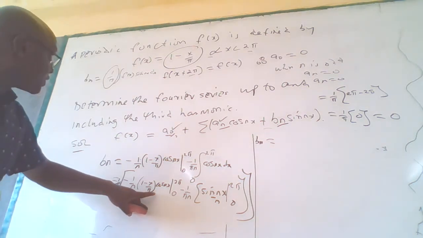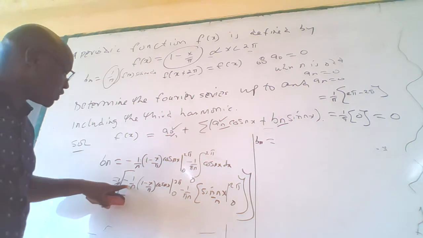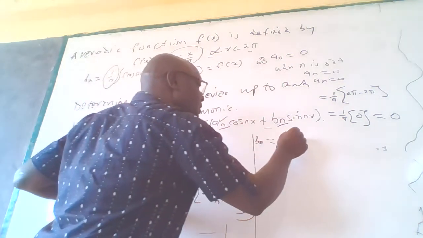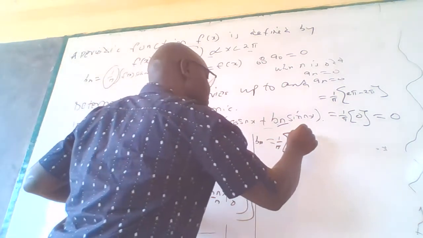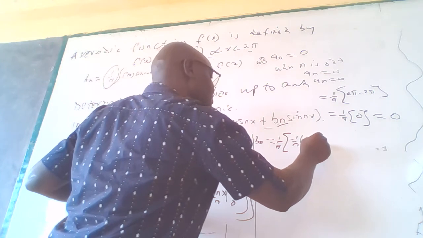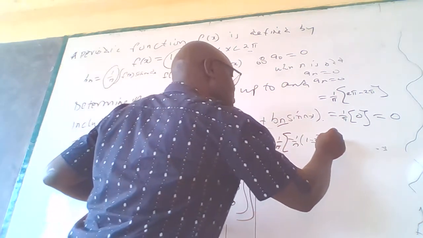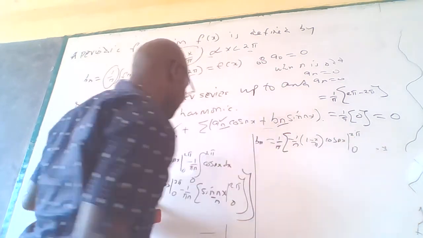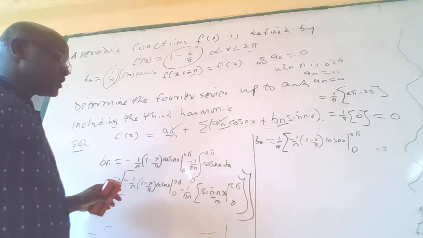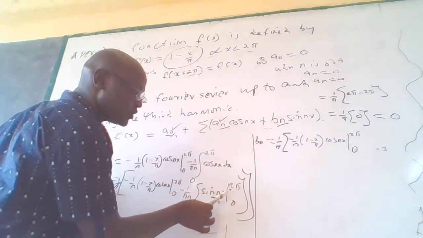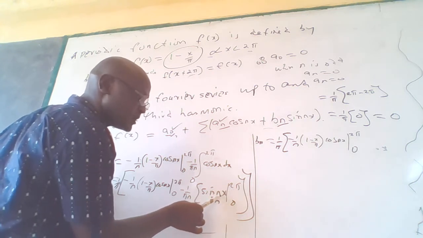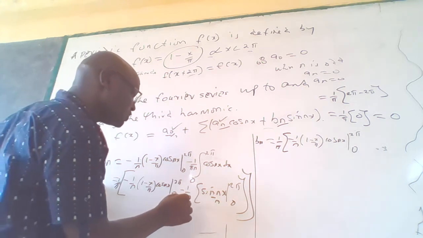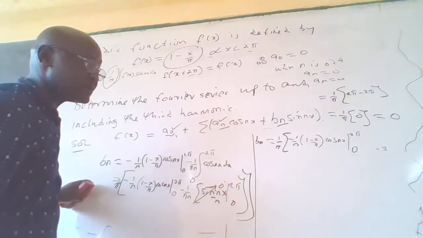Now here we rearrange this: 1 over pi into minus 1 over n, (1 minus x over pi) cos nx from 0 to 2 pi. Then when you substitute the limits into the sine term, with 2 pi and with 0, this will give us 0 at the end of the day.